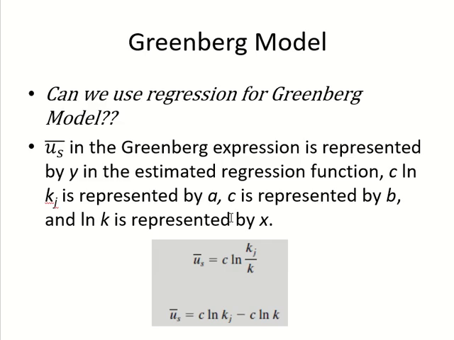Y, no problem here, right? I need a plus bx. What is my a? The whole thing, not one parameter, the whole. So the whole c log of kj equals a.